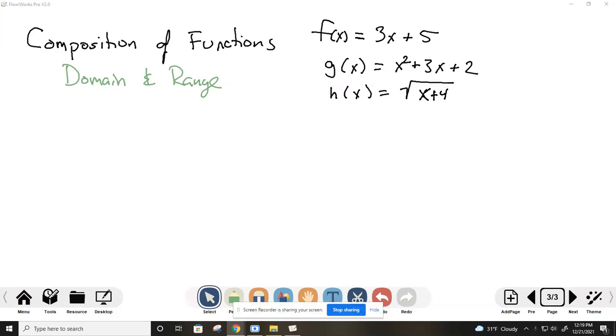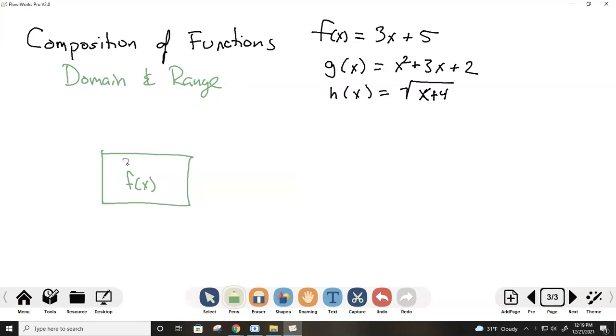So, if you remember what I said before, if we look at these functions, say this is my f of x, which I said was 3x plus 5, my input is based on the domain.